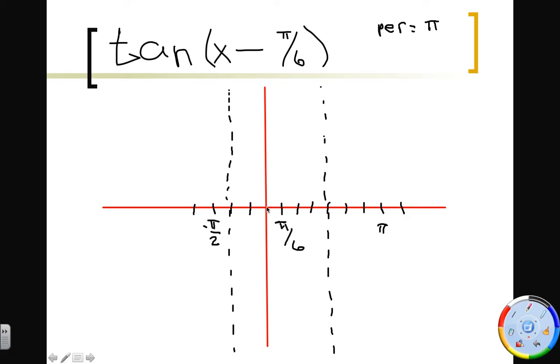Now, you notice there's no need for tables. It's another one of those things where we can think about the halfways and the quarters. Well, normally we start at 0, 0, but we have to go pi 6 to the right. And guess what? That's halfway between my two asymptotes. And then tangent is an upward slide. So halfway between my middle point and my asymptote, I have to be at my max or min, or quote-unquote max min.